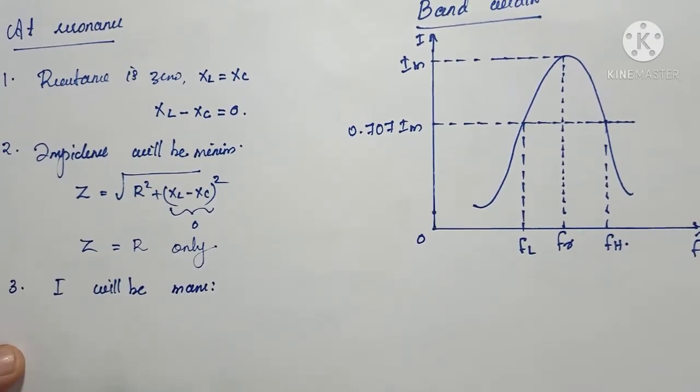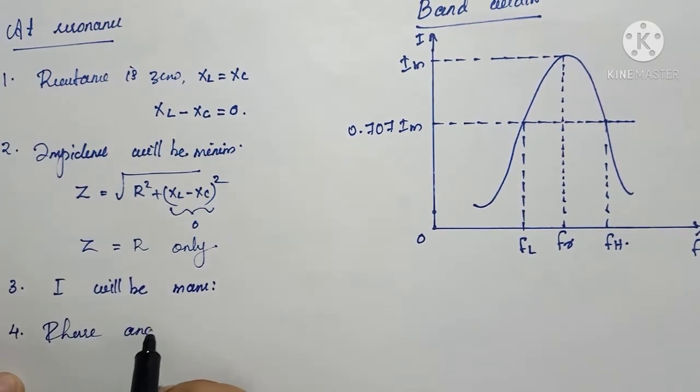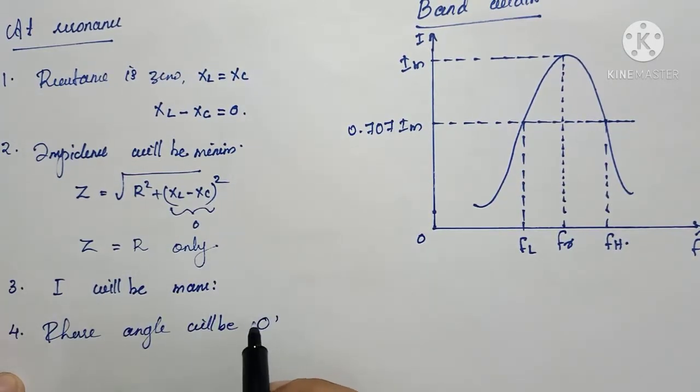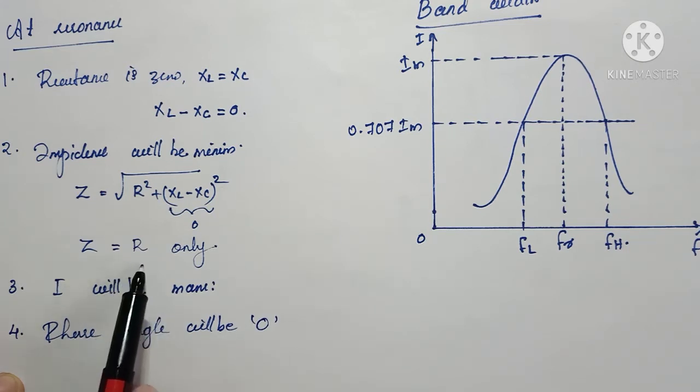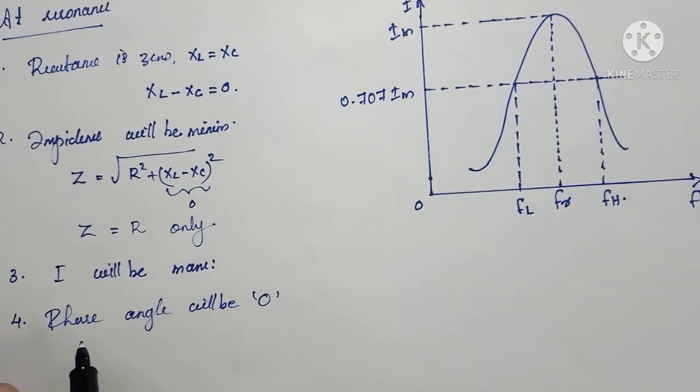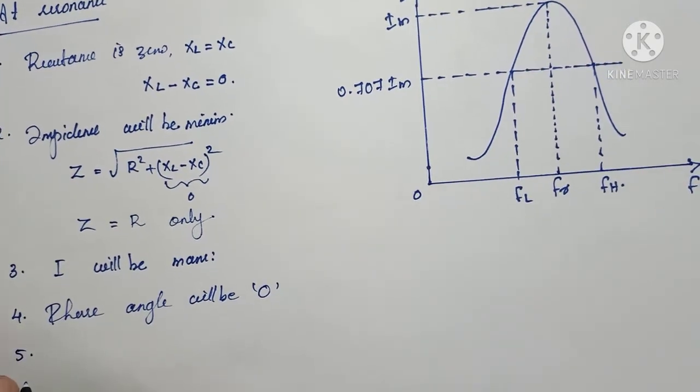And based on this, one more point we can write, that is the phase angle will be 0, because at resonance condition the circuit will be pure resistive. Only R will be there. In a pure resistive circuit, current and voltage are in phase with each other, so phase angle will be 0.